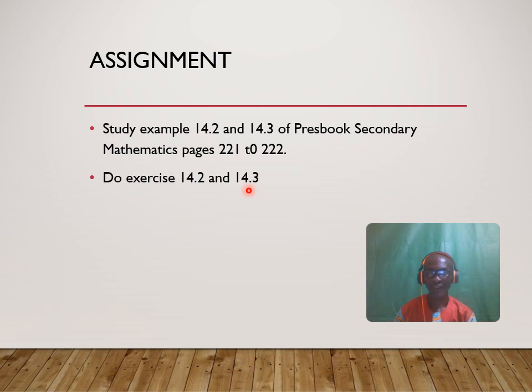Remember that the best way to learn is by doing it. So you take your time, go over the lesson, read your textbook, and make sure that the answers to these exercises are all correct. Thank you.